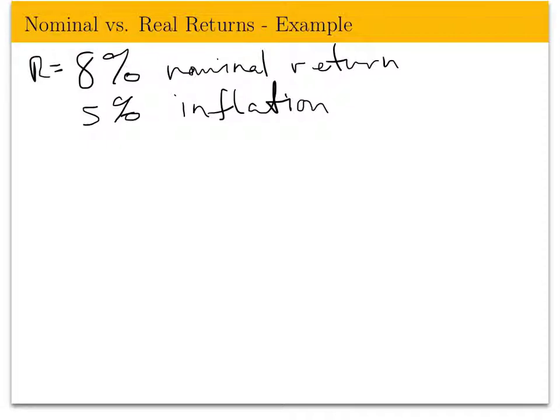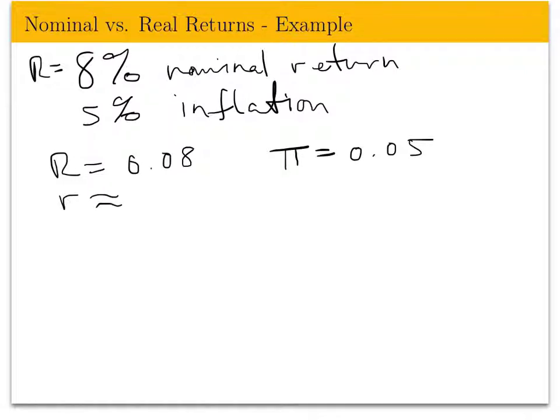Well, capital R is equal to 0.08, pi is equal to 0.05, so that would mean little r is about equal to 0.08 minus 0.05, which is equal to 0.03, or 3%.